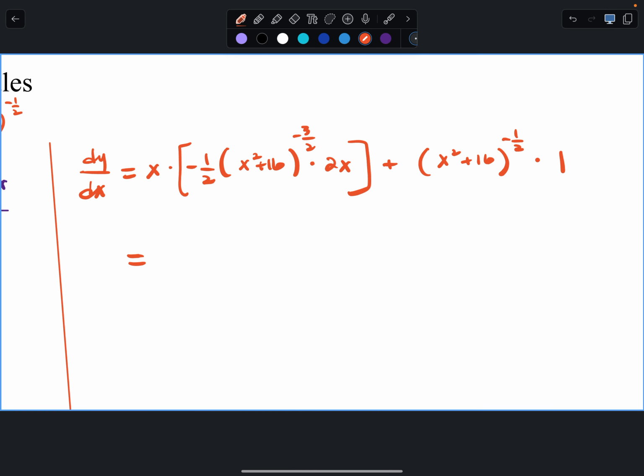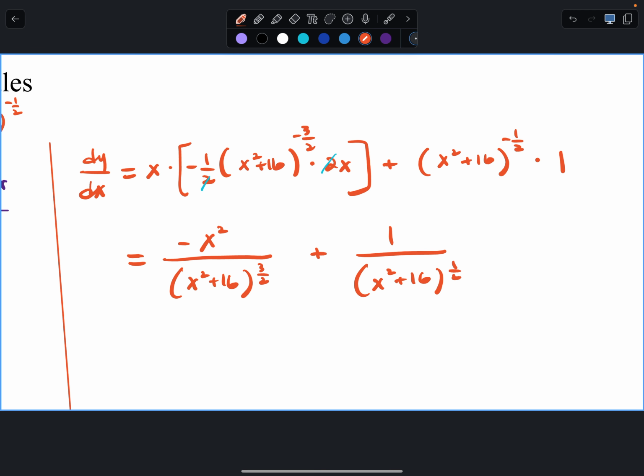Okay, so the 2's can cancel. So that is negative x squared over x squared plus 16 to the 3/2 power plus 1 over x squared plus 16 to the 1/2 power.